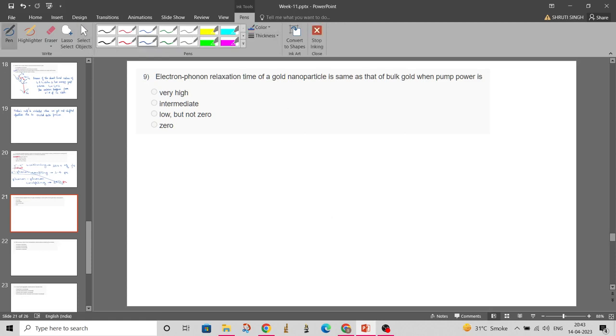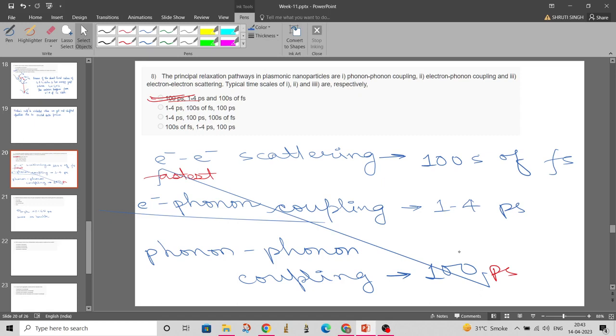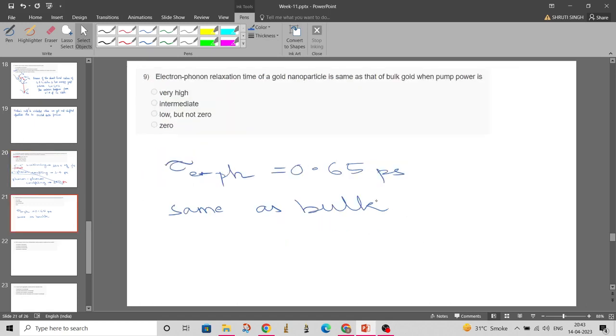So the electron-phonon coupling time is 0.65 picosecond, same as bulk gold at 0 pump power.